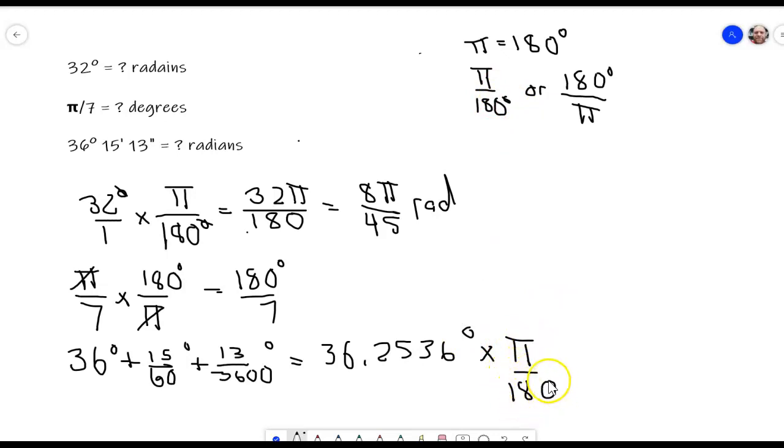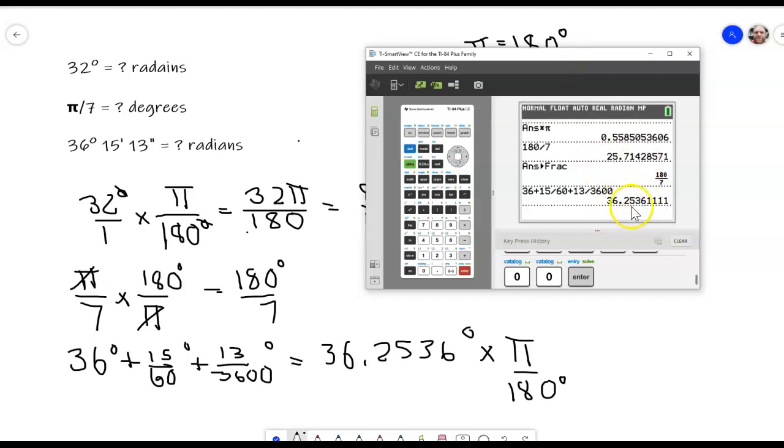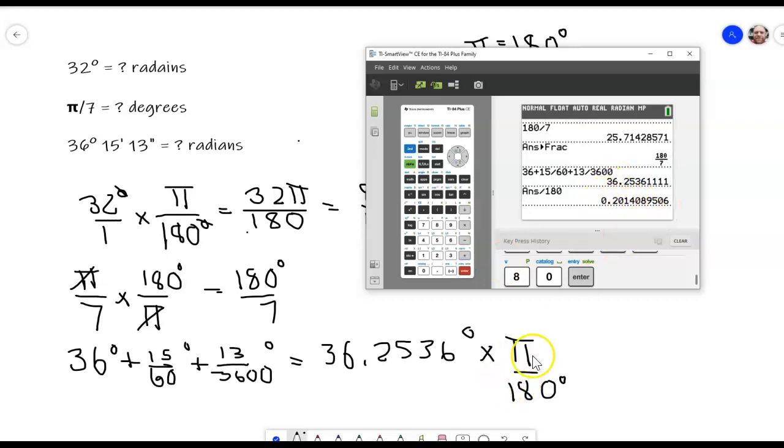Now this is not a nice fraction here, so really all I'm going to do is just take this value and divide that by 180, and you're going to get this decimal here. So it'll be this decimal times your pi there.